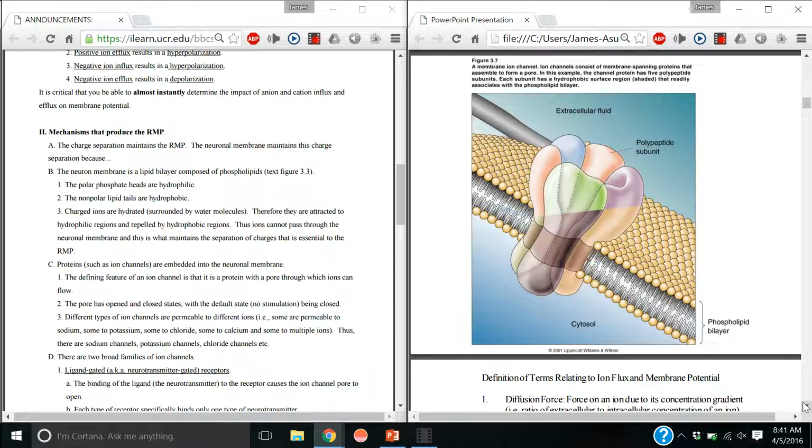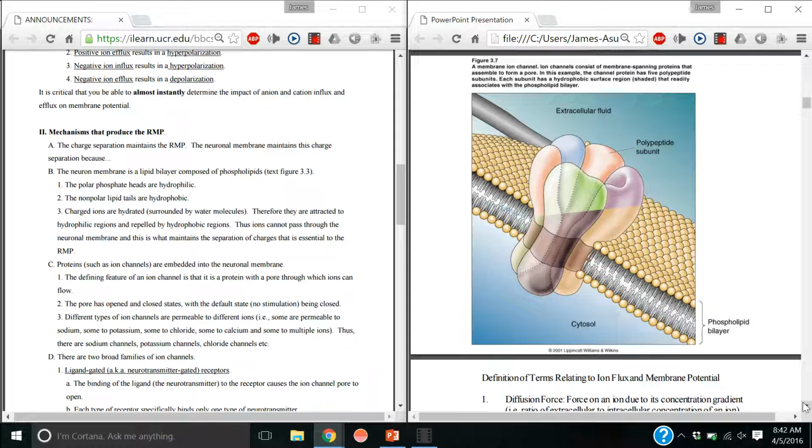Potassium channels, and so on. And also there are some of these channels that will allow multiple ions to pass through. So some of the channels will allow both sodium and potassium to pass through, et cetera. There are scores and scores of different types of channels that have different characteristics of what kinds of ions pass through with open pores.